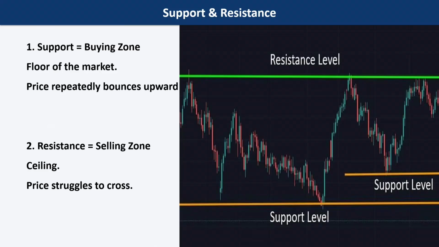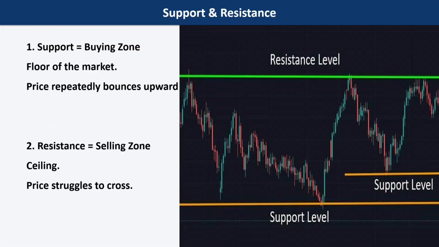So what is support? Support is the floor of the market. See here, this is called support. Think of the floor in a room. Suppose you are sitting in a room and you drop a ball.